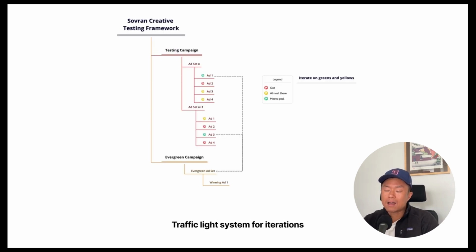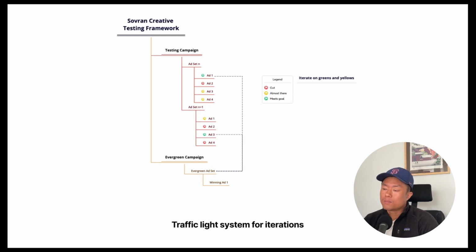So next, I have a traffic light system for iterations. And you might recognize this image from earlier in the video. But for green and yellow ads, you can iterate on these ad variations. The red ads, you can just not work on these.